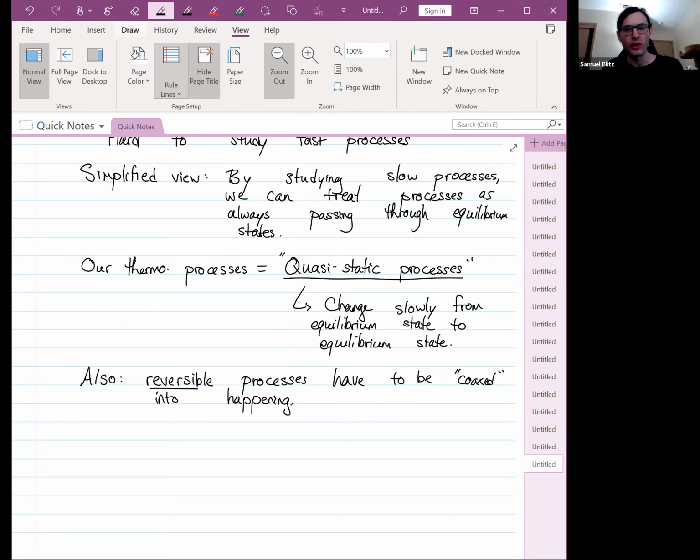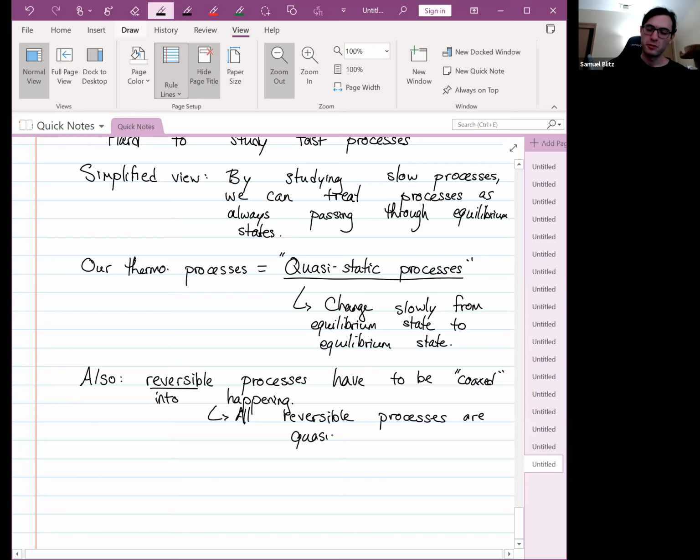You don't have to do a whole lot, you just have to do a little bit and they'll go the other way. Now, it is true that all reversible processes are quasi-static, but the opposite is not true. But not vice versa.